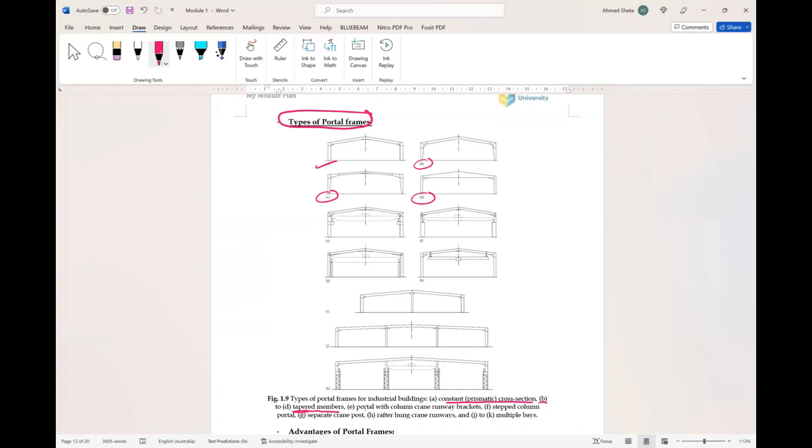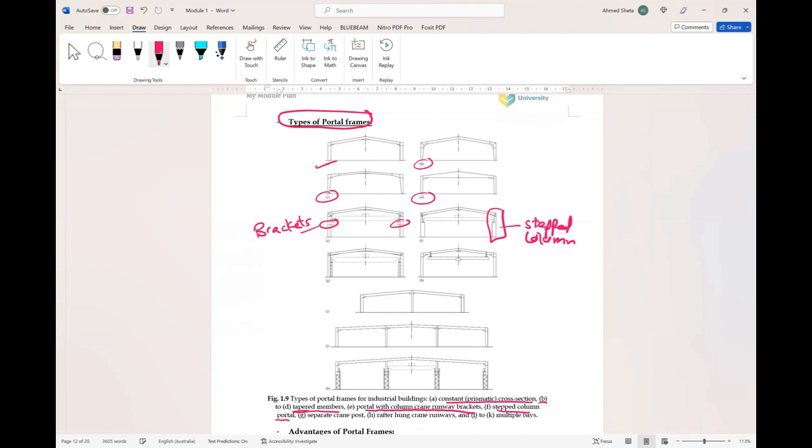E is portal frame with column crane runway brackets. So these are the brackets. F is a stepped column portal frame. So as you can see here, there is a step to carry the crane.